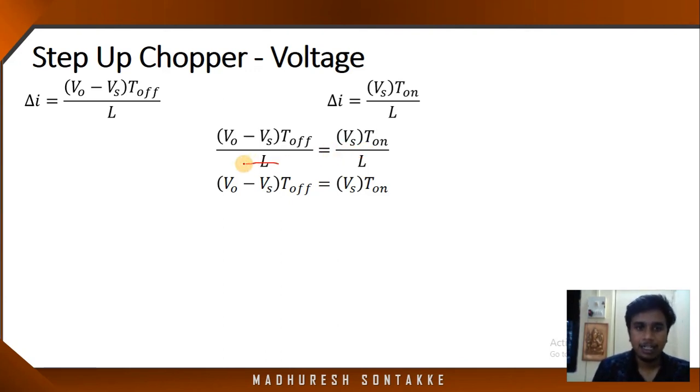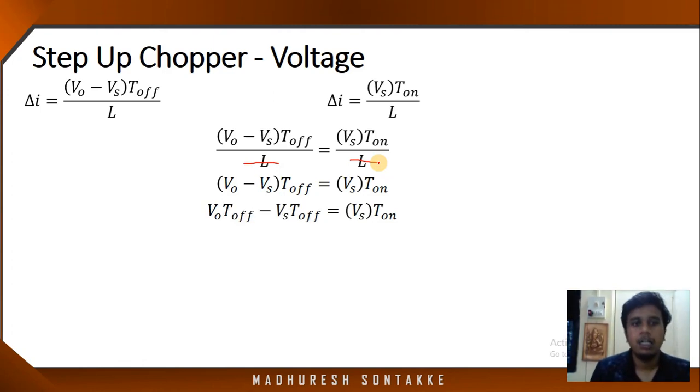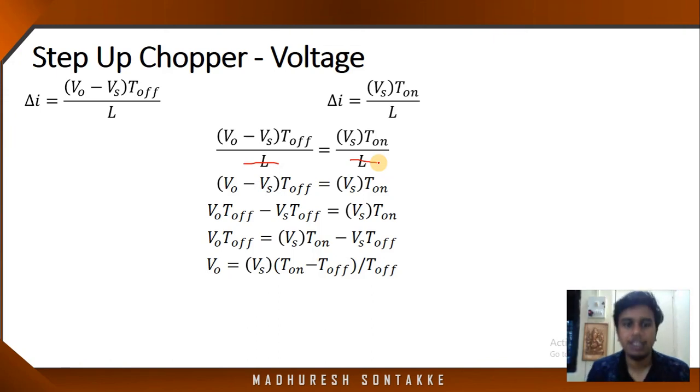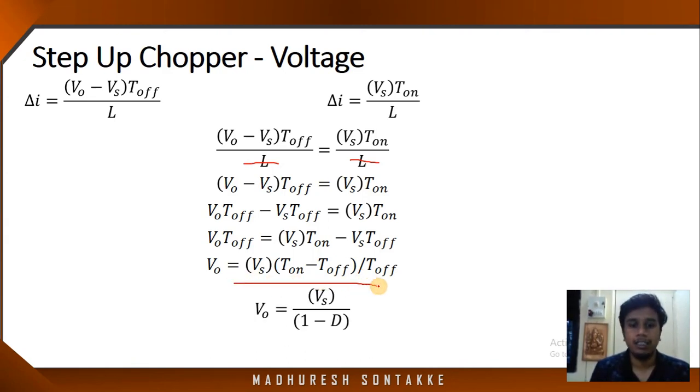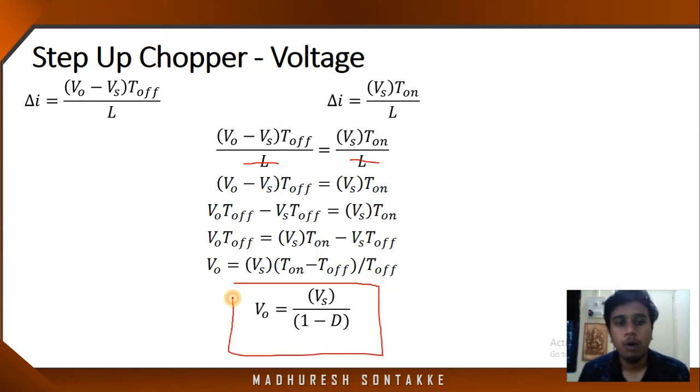L and L will get cancelled and we get only numerators. Simplifying further, the final equation which we get is V output is equal to Vs into T on plus T off divided by T off, which can be further solved, and the final equation is V output is equal to Vs upon 1 minus D, and this is our voltage equation for the step up chopper.